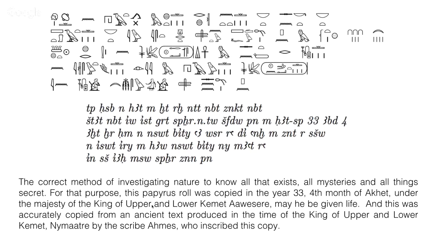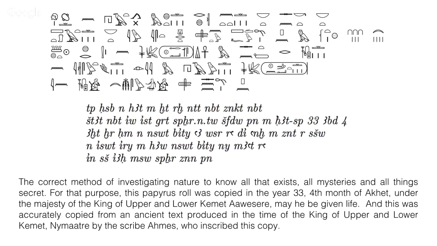Now, just to highlight some of the words that I read in English here. We see Tep Hesep, Nihat Imket, Rek Netet Nebet. This is the phrase that we were looking at on the other slides. But we have Zinket Nebet, Shatat, which is secrets, Nebet, all secrets. Sapeker, into Shefedu, which is papyrus roll, this papyrus roll, Shefedu pen, and then M, in the year.